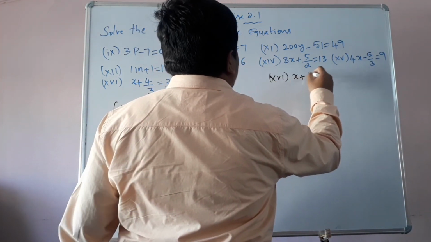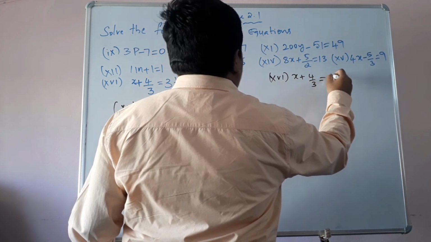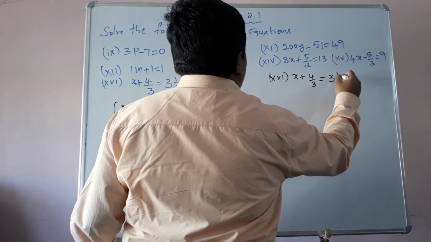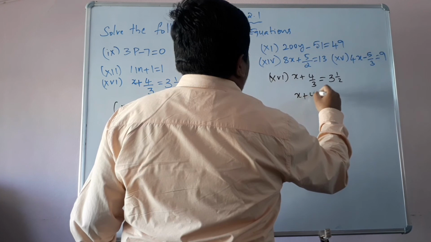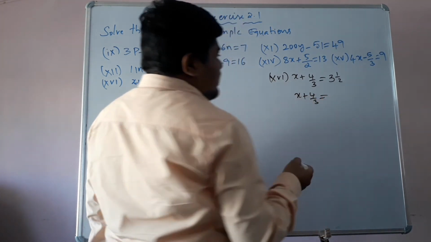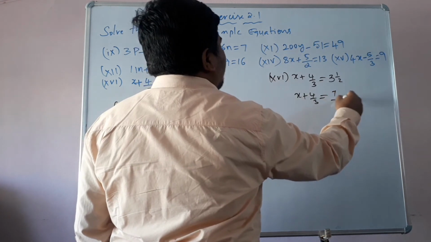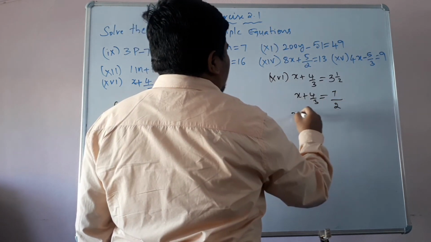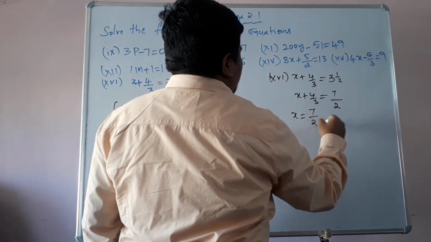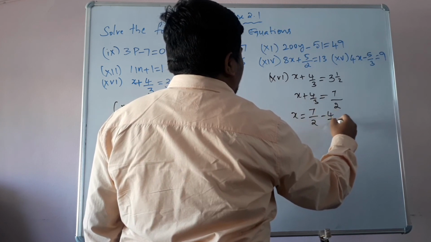x plus 4 by 3 is equal to 3 and a half. Children, convert it into an improper fraction. So x plus 4 by 3 is equal to, how to get the improper fraction? 2 into 3 is 6, 6 plus 1 is 7, so 7 by 2. Then what is x equal to, children? 7 by 2 plus 4 by 3, after transposing minus 4 by 3.